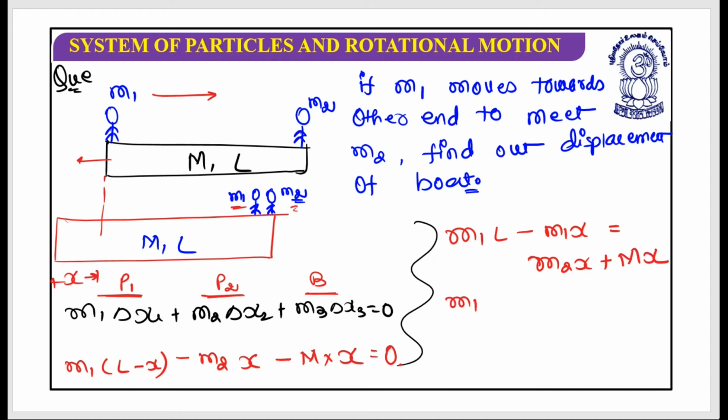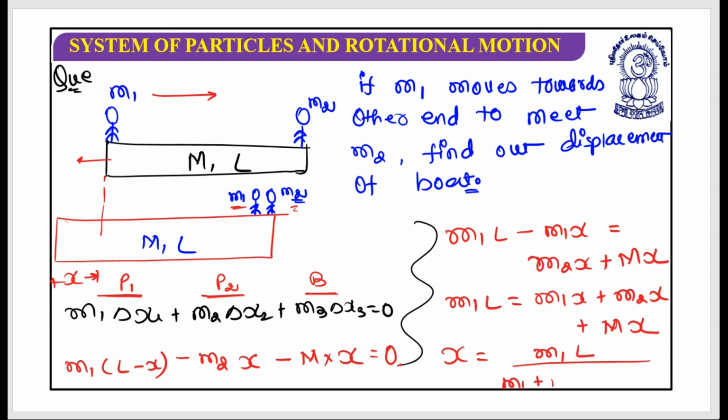So m1L equals m1x plus m2x plus Mx. So this x should be equal to m1L divided by m1 plus m2 plus capital M. This is x, the displacement of the boat.